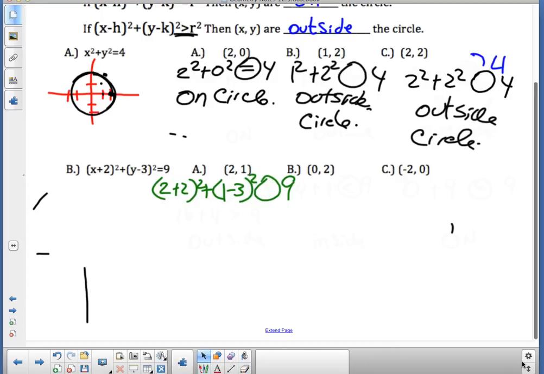Is it the alligator eating something, or is it equal? Are you okay that I have to change and x is 2, y is 1? Now I evaluate, and I got 4 squared, which is 16, and negative 2 squared, which is 4, and now I got 20, which is much greater than 9, and what do I know? It's outside my circle.